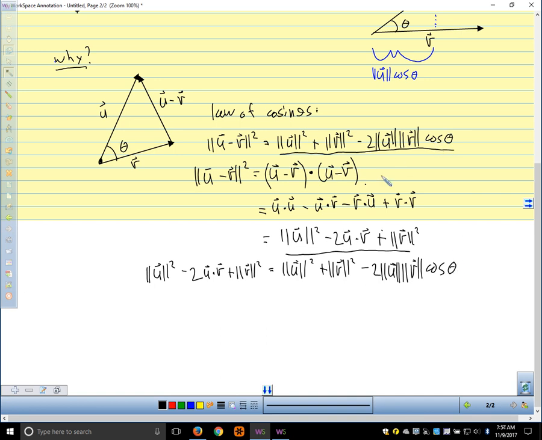Well, we can subtract this, subtract this, and divide by negative 2, and we get that u dot v equals the magnitude of u times the magnitude of v times the cosine of the angle between them. From the law of cosines and our properties of the dot product.